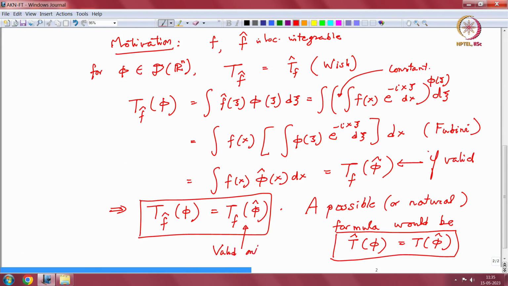It is valid only if f is nice, it may be valid, but I do not want to say it is valid in general. In the normal way, for the distribution you want φ hat to be in D of R^n, right? Because T_f acts as a distribution on D of R^n functions.